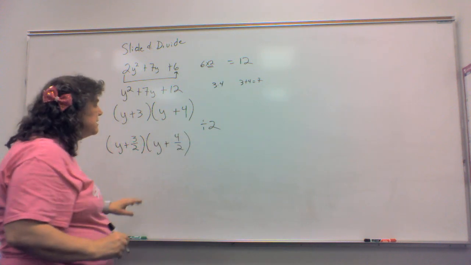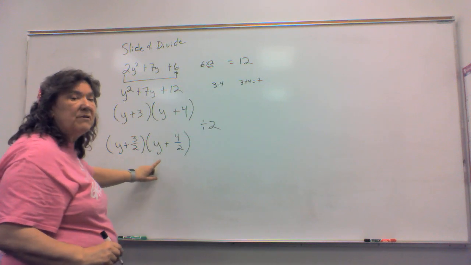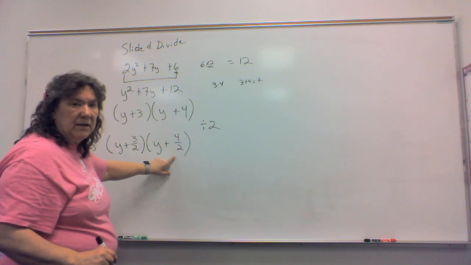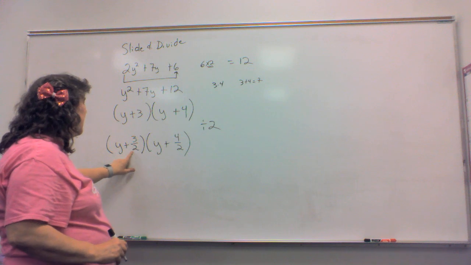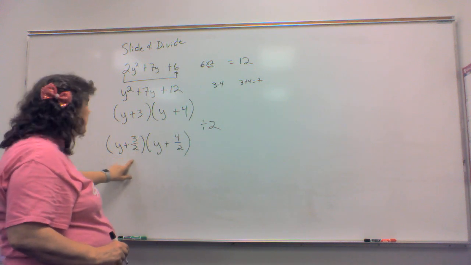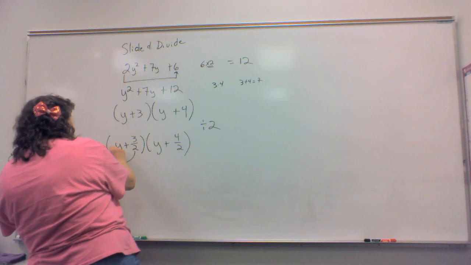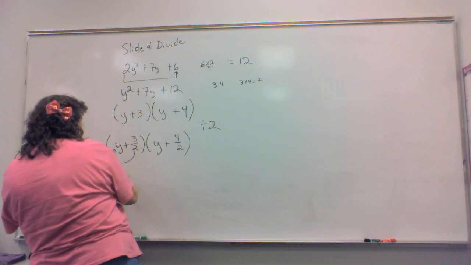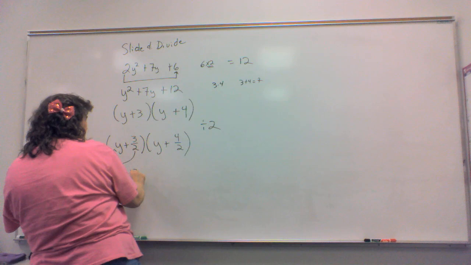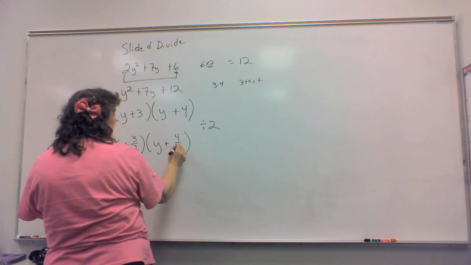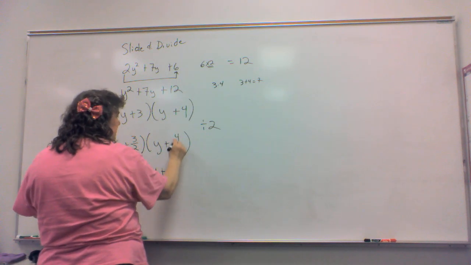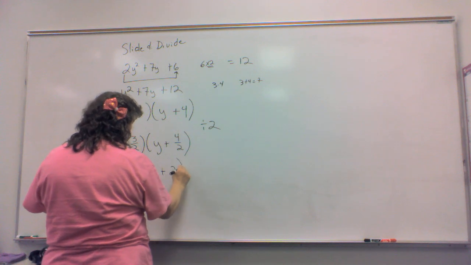Now, the next step, if it simplifies, simplify it. If it doesn't simplify and you have a denominator, slide it back to the front. So this one slides to the front, and you have 2y plus 3 multiplying y plus 4 divided by 2 is 2.